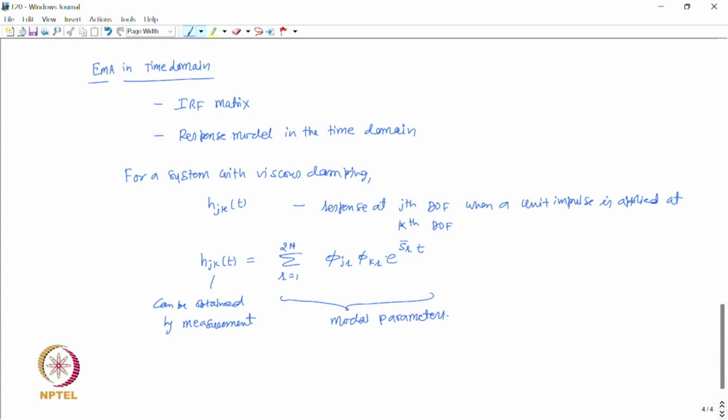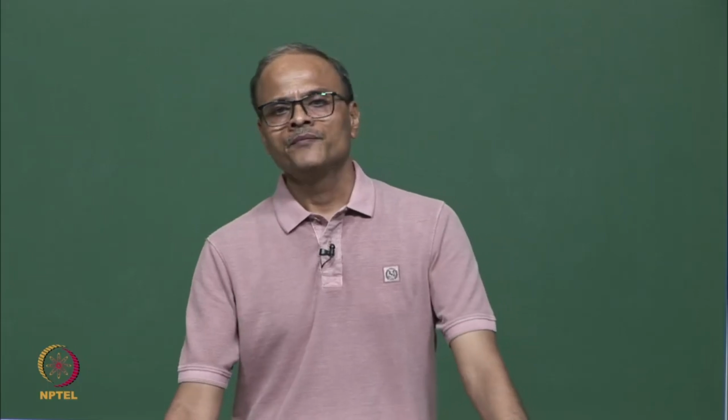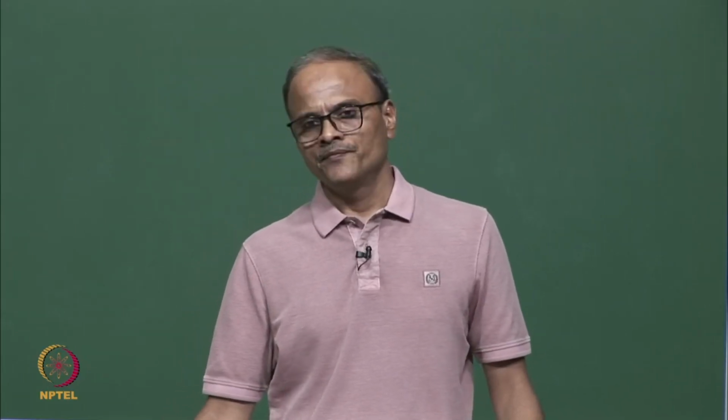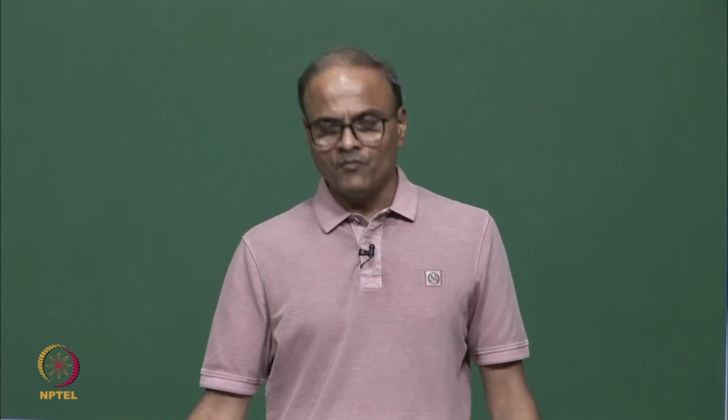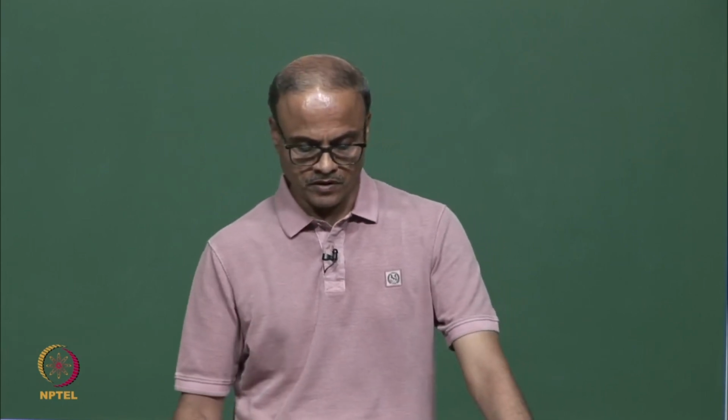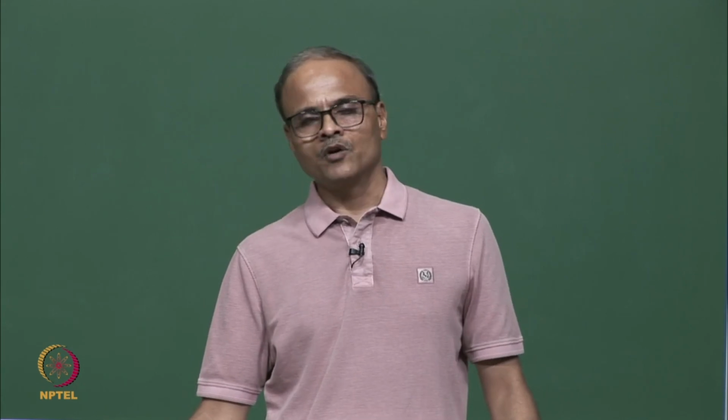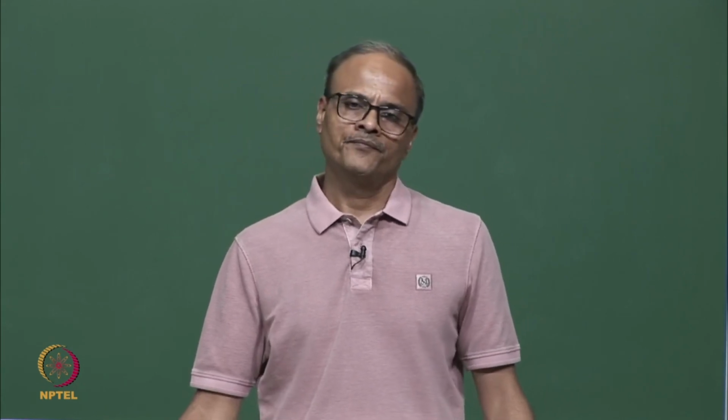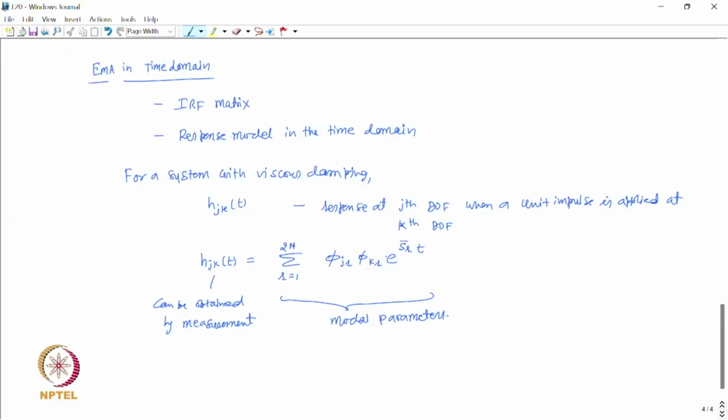For example, we can obtain the IRF by inverse FFT of the frequency response function alpha jk, and then we can fit this equation to that measured impulse response function, and obtain the modal parameters in the time domain. So this basically forms the principle of experimental modal analysis in the time domain.